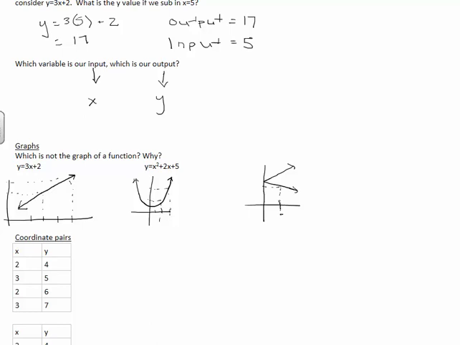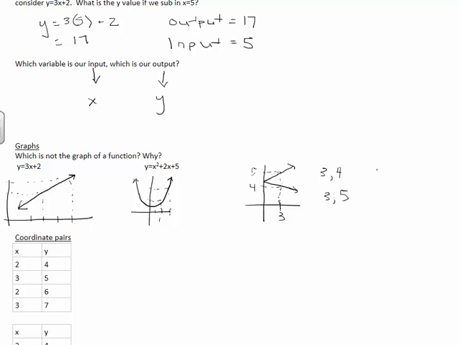Let's say that x is 3. So it would have an ordered pair there, and if we went up further, it would also have an ordered pair there. If this was 4 and this was 5, there's an ordered pair of (3, 4) on this graph, and there's also an ordered pair of (3, 5). So anytime your x value is aligned with two y values, it's no longer a function.